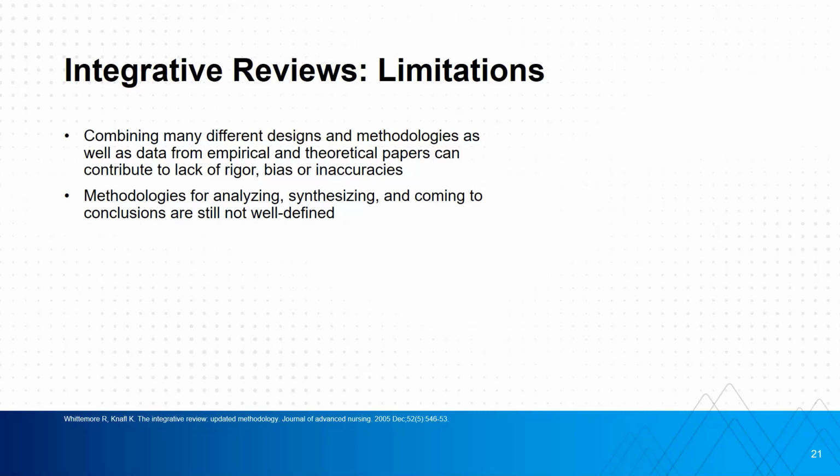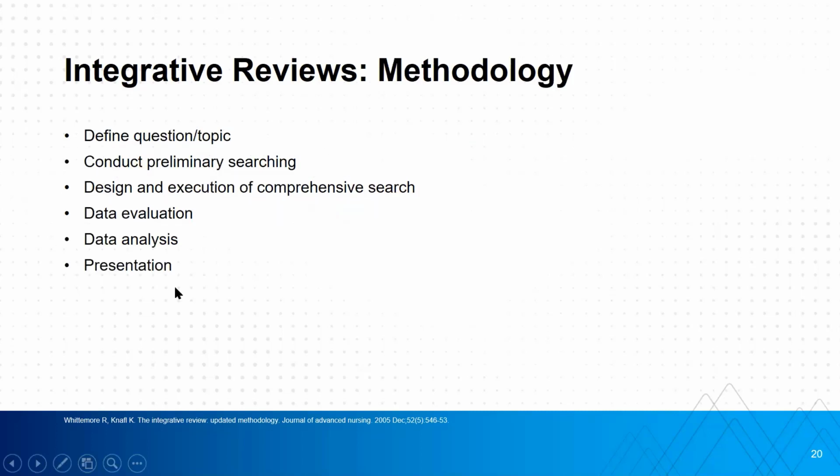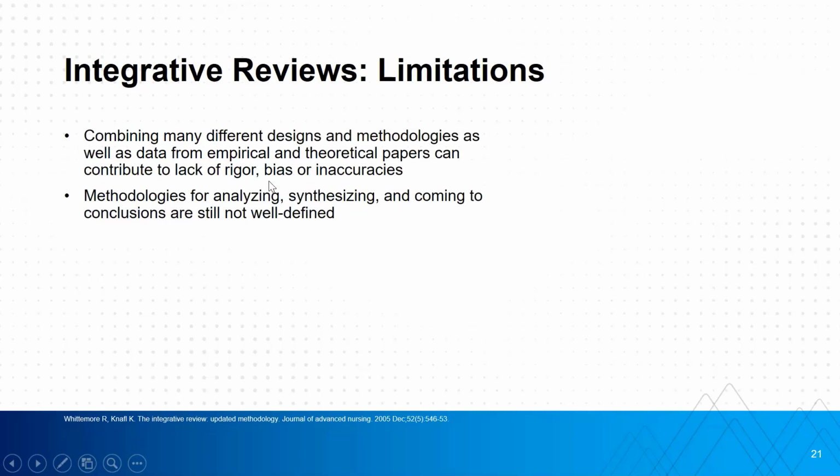Although there have been papers that have gone into the methodology, so you can see these stages have been written out, they're still not completely well defined for how you are synthesizing the studies that you found and coming to conclusions.